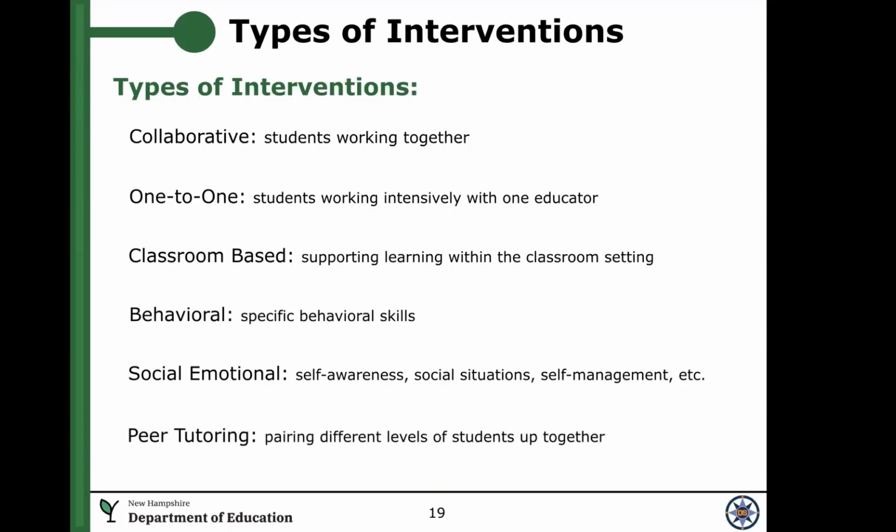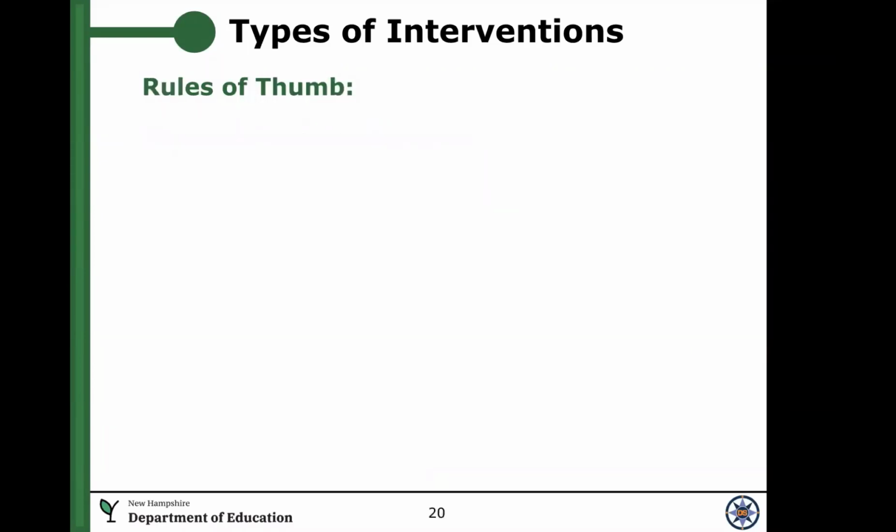There's a lot of research showing the effectiveness of peer tutoring and pairing different students up together, possibly somebody at a higher level of understanding helping students with lower levels of understanding, and just having that sort of interaction with their peers has been really effective.